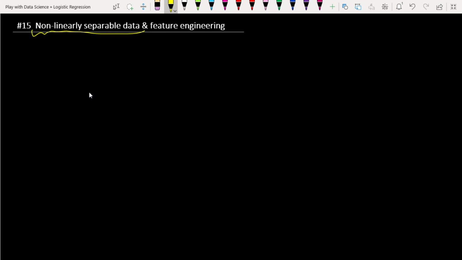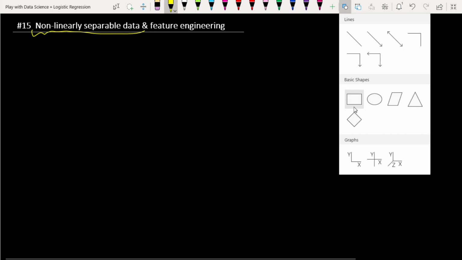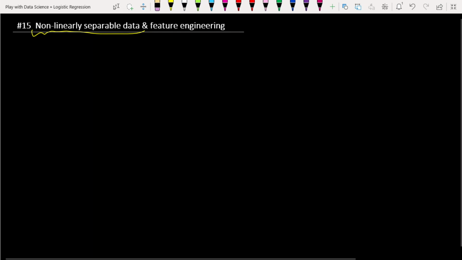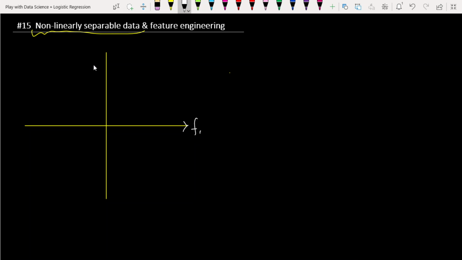So first, let's consider non-linear data. This side is our f1 feature and this side is our f2 feature. It is a 2D system.